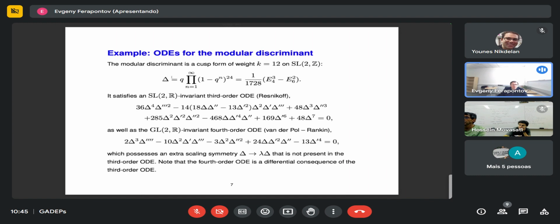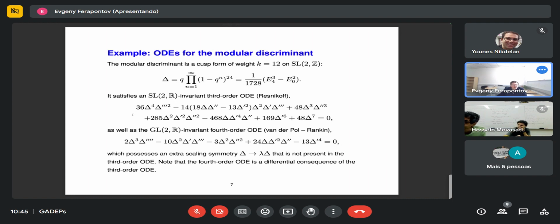Now, an example. Let's take the modular discriminant delta, which is given by this well-known formula. It's a cusp form of weight 12 on SL2Z. And it's well known that this delta satisfies an SL2R-invariant third-order ODE, which is due to Reznikov. It's explicitly written in his paper.